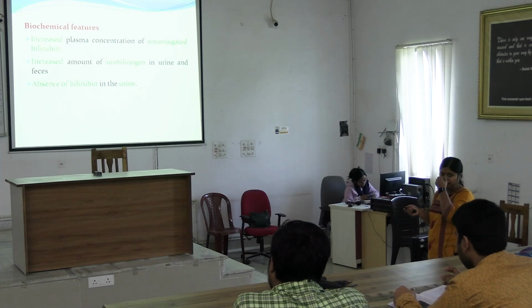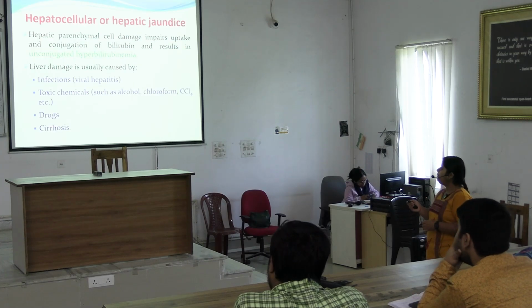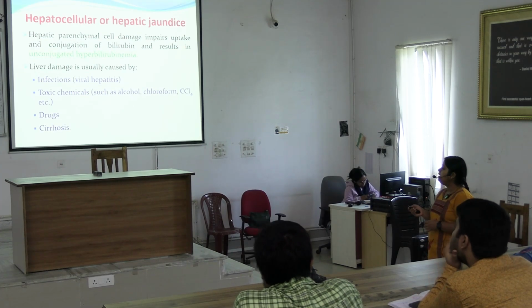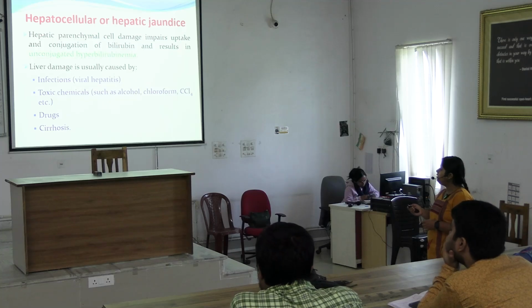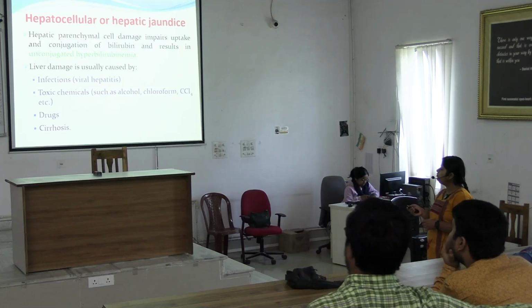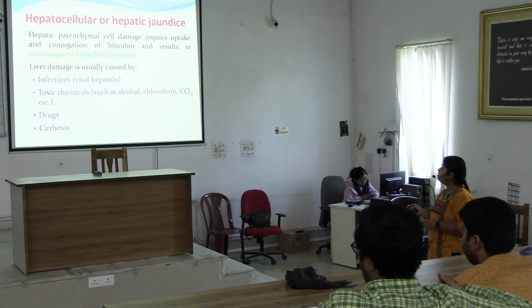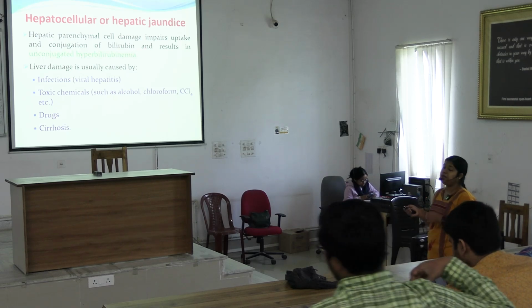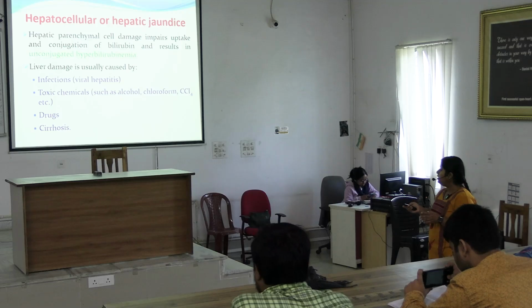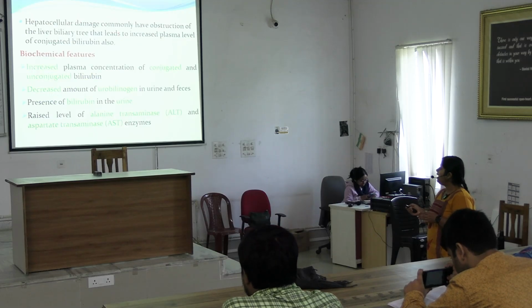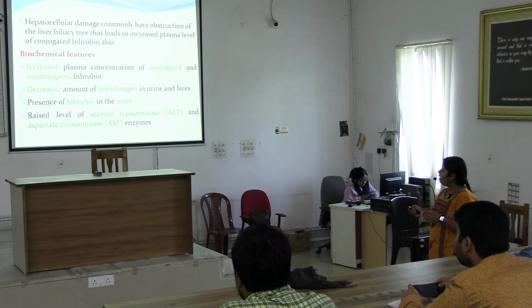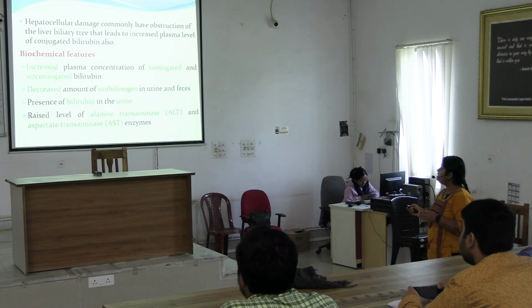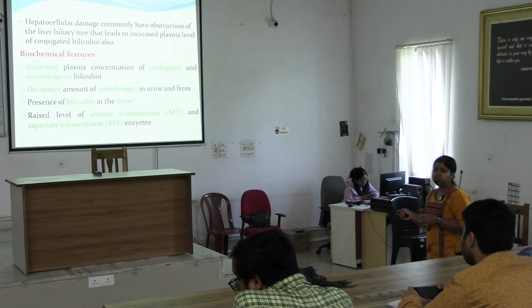Okay, fine. Now, hepatocellular or hepatic jaundice. It occurs because of cell damage of the liver. Okay, and conjugation of bilirubin is hampered, resulting in unconjugated hyperbilirubinemia mainly, but it can also damage the biliary tract, leading to obstruction, which can also increase the plasma level of conjugated bilirubin.